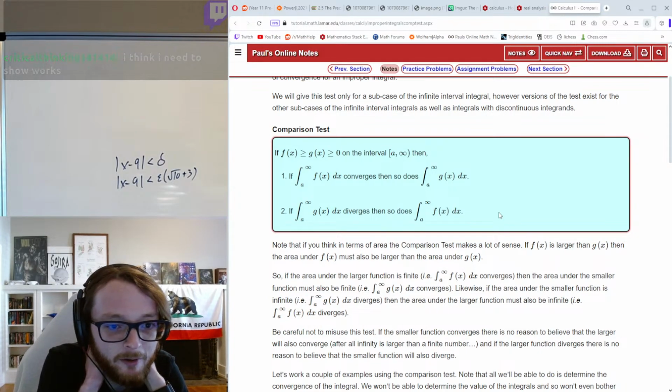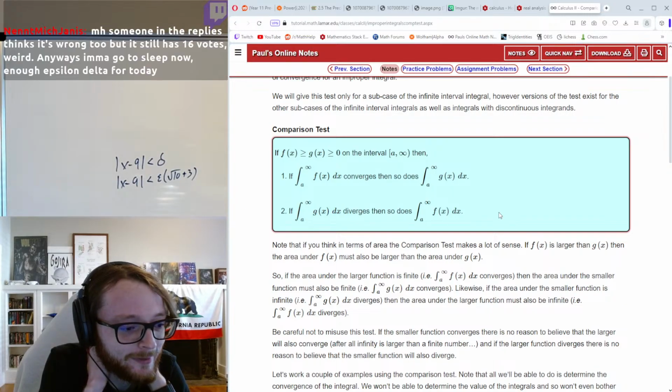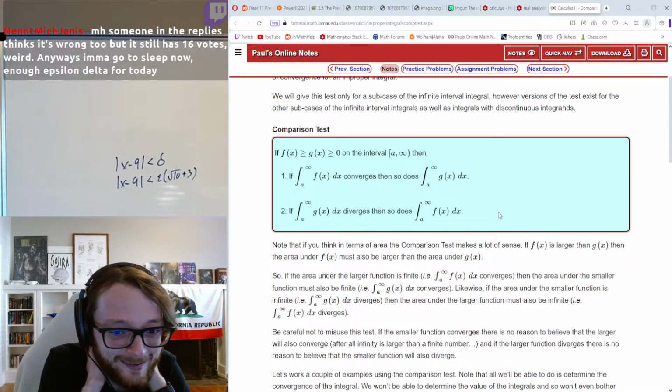Oh, well, I haven't had to do this with an integral before, but it's just like with series. You can use any function that's greater than it to see if it converges, or any function that's less than it and diverges to show divergence. That's weird. Yeah, and it's fair enough. I guess I need to read this another time or just do some more research.